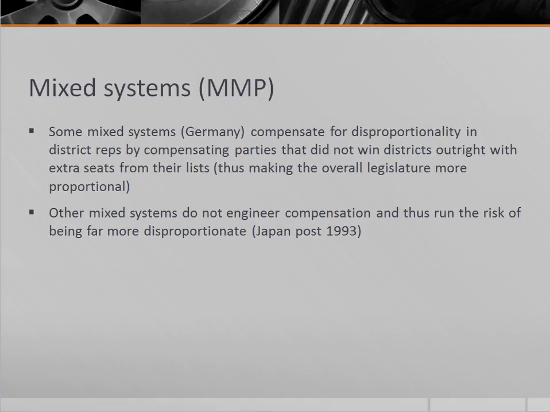You'll have no district reps, but you'll be overrepresented on the other side of the legislature, because at the end of the day, the German system is trying to make the system proportional.